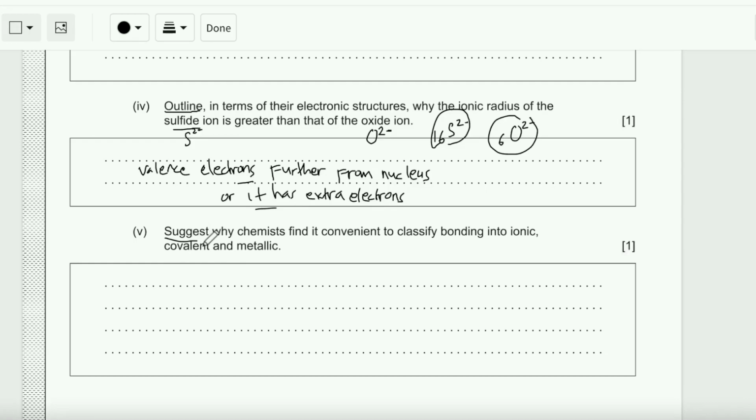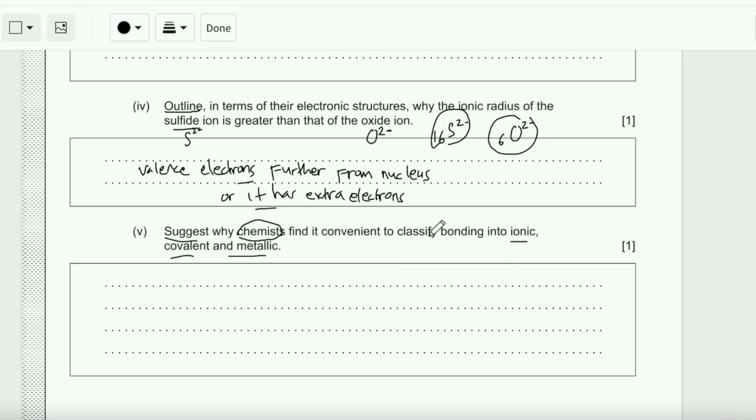Suggest. Propose a solution, hypothesis, or other possible answer. Why do chemists find it convenient to classify bonding into ionic, covalent, and metallic? Why do we need to classify this into 3?